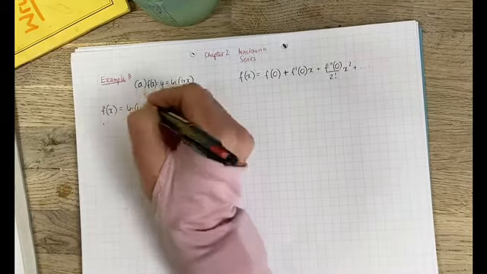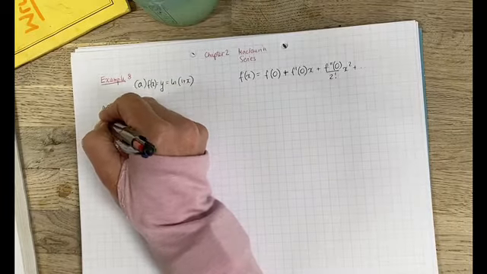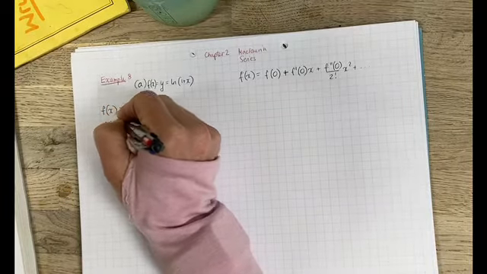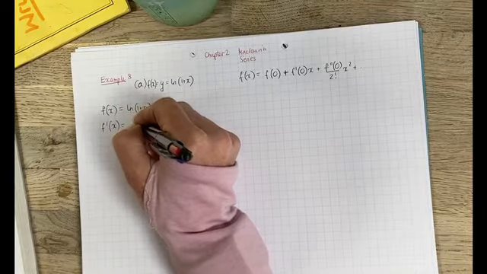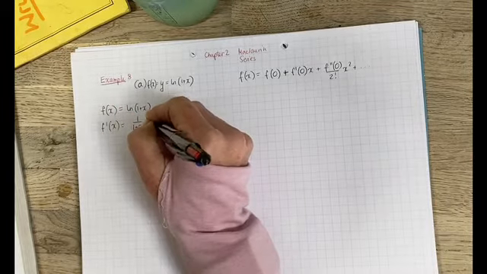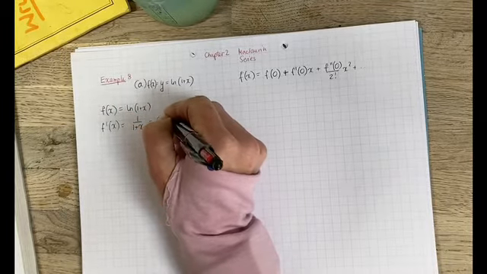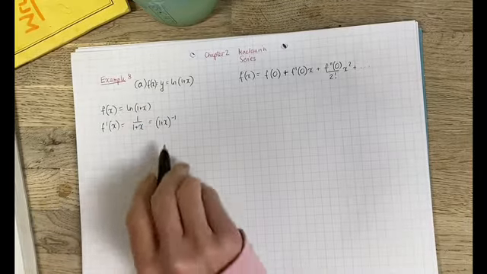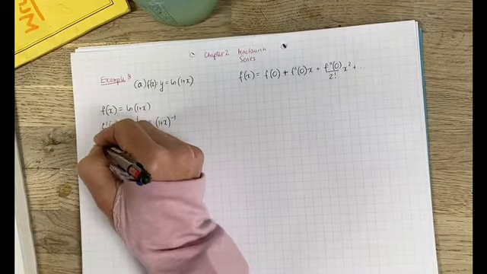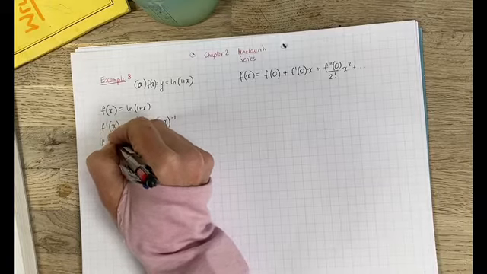So I'm going to differentiate this function. f dash of x goes to 1 over 1 plus x, which is 1 plus x to the power of minus 1, so it's similar to the function we evaluated previously.